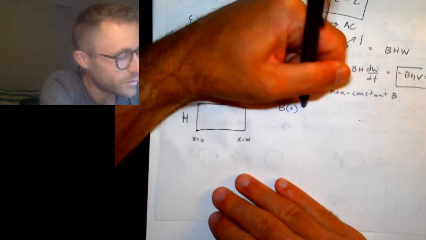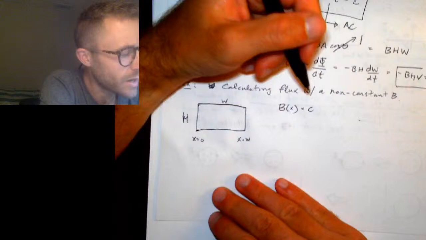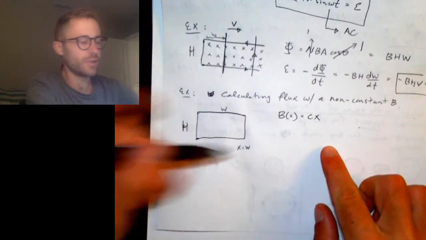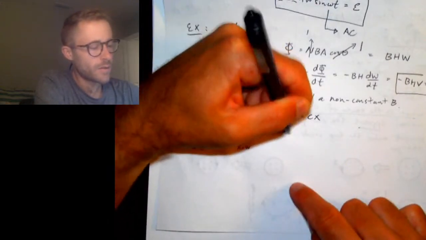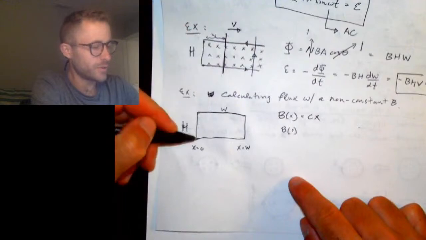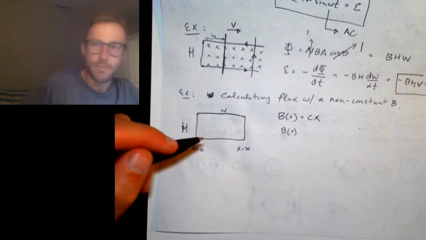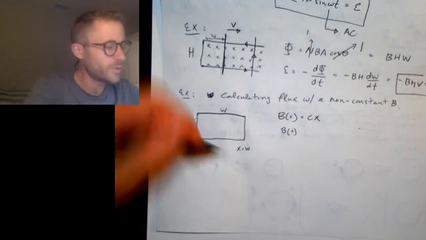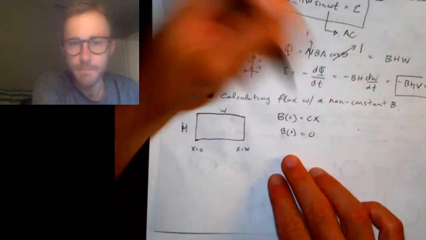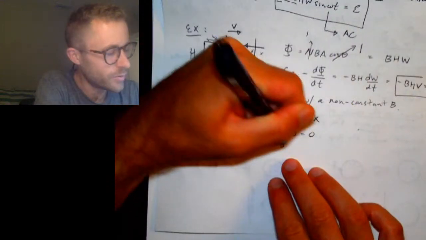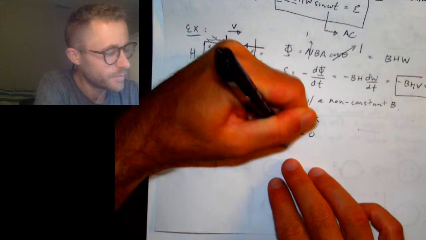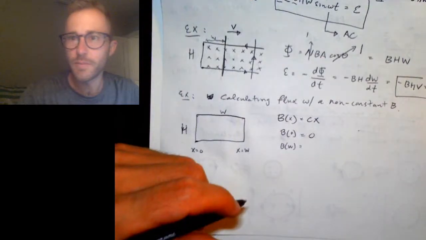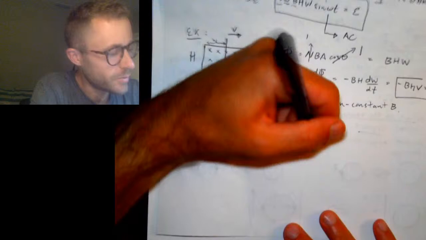Now the magnetic field is a function of x. Let's say that it is a constant C times x. So what this means is that the magnetic field evaluated at x equals 0 is 0, and the magnetic field at x equals W is going to be CW.